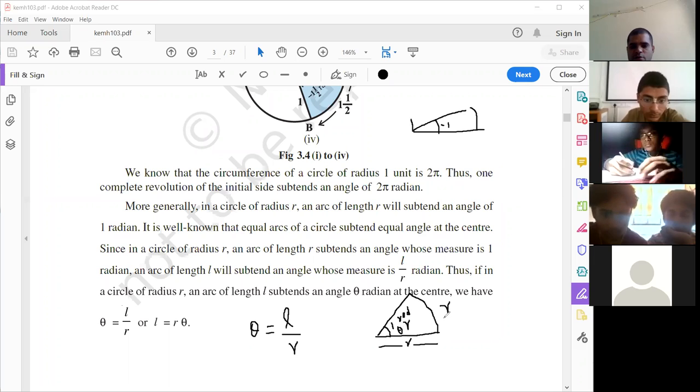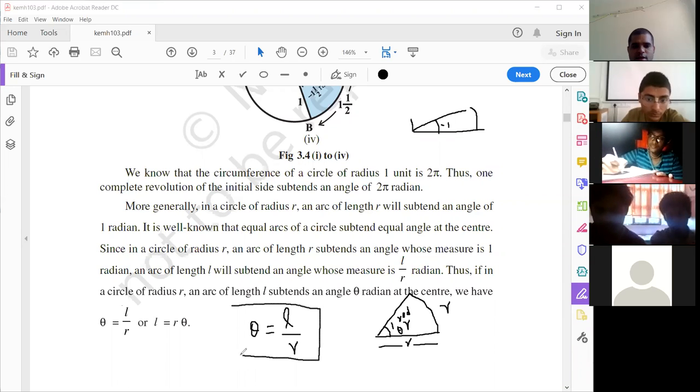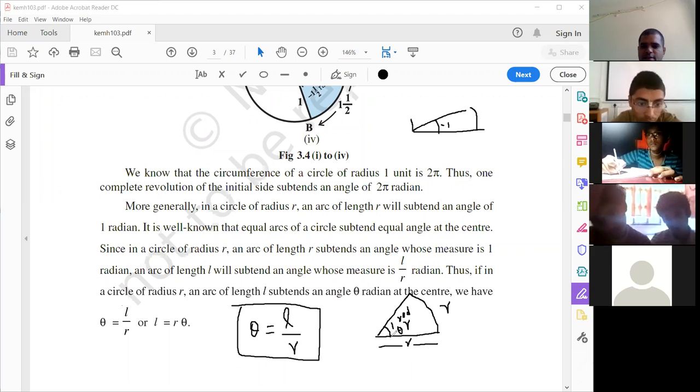So if you want to know the length of this arc, then it is given by this formula. Theta is equal to L by R, the length of arc upon radius. Then you will get this value theta in radians. It will not be in degrees, it will be in radians.